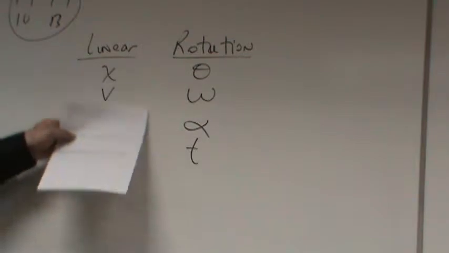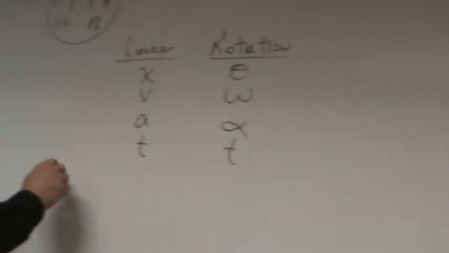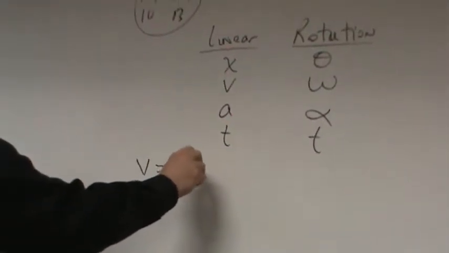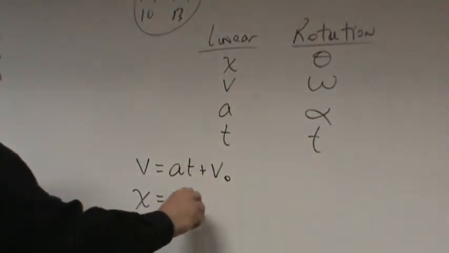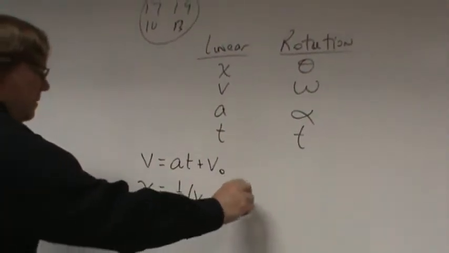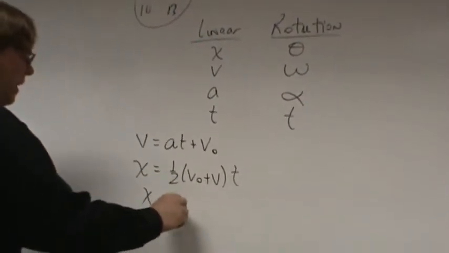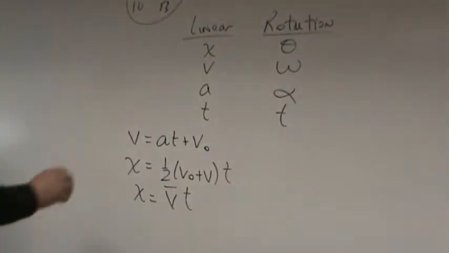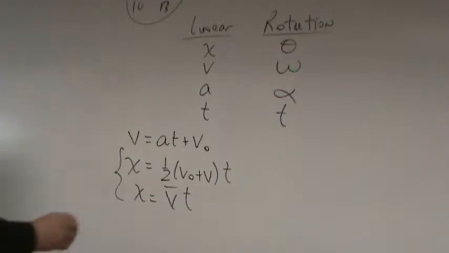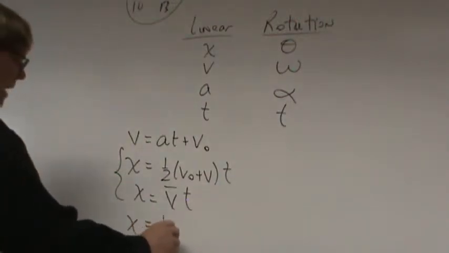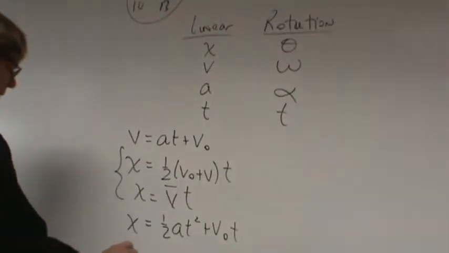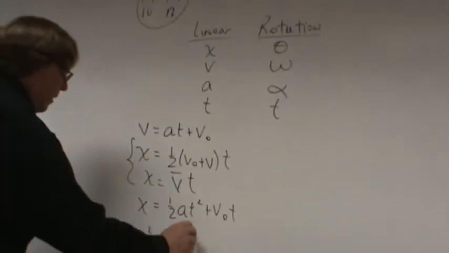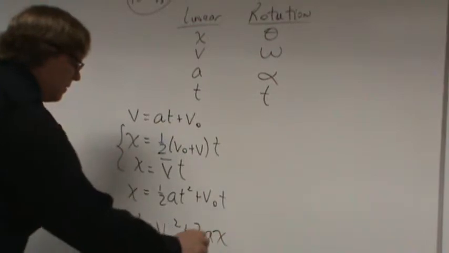And so given those relationships, remember our four kinematic equations: v equals at plus v naught, and x equals 1/2 (v naught plus v) times t, which is another way of saying x equals just average velocity times time. They're the same thing. And then x equals 1/2 at squared plus v naught t, or v squared equals v naught squared plus 2ax.